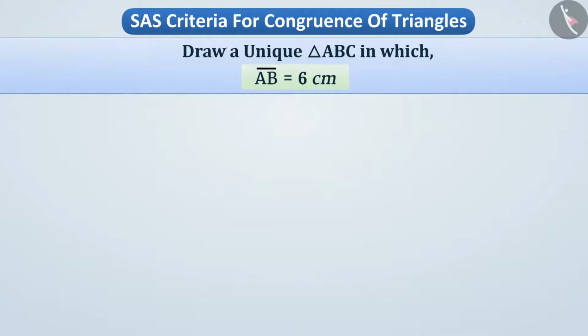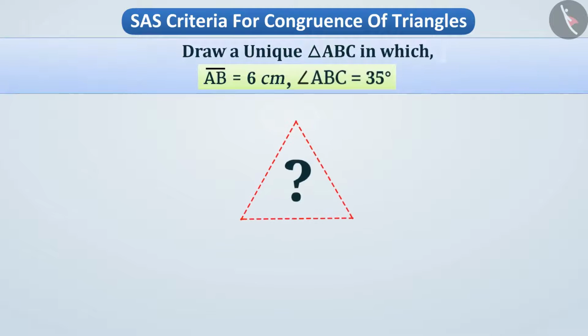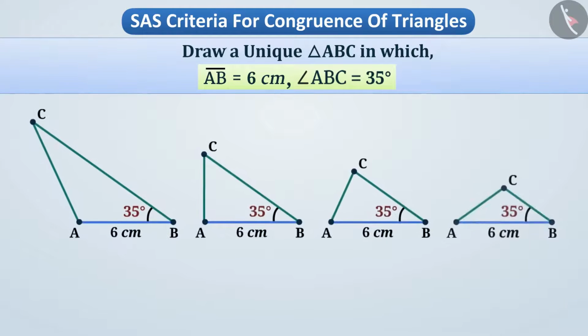Suppose AB is equal to 6 cm and angle ABC is equal to 35 degrees. Now can we draw a unique triangle ABC? Try to think. Let us tell you, based on the measurement given, we can draw different types of triangle ABC as given below.